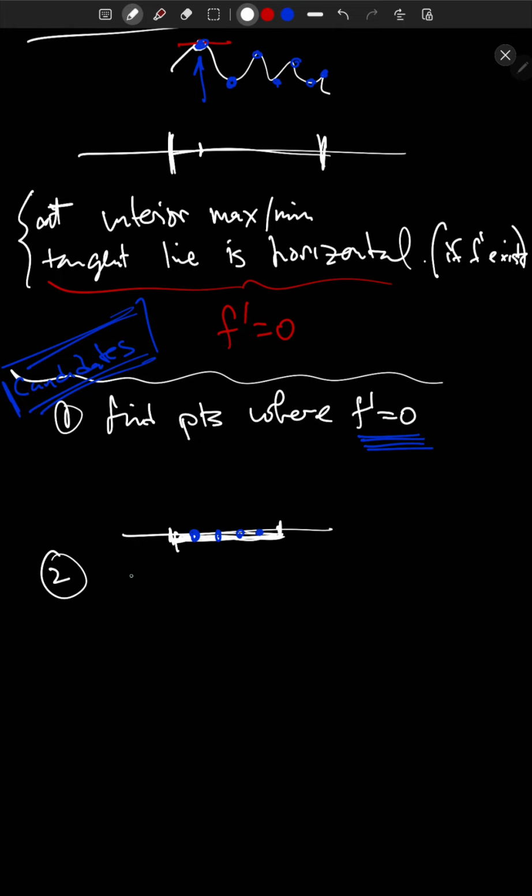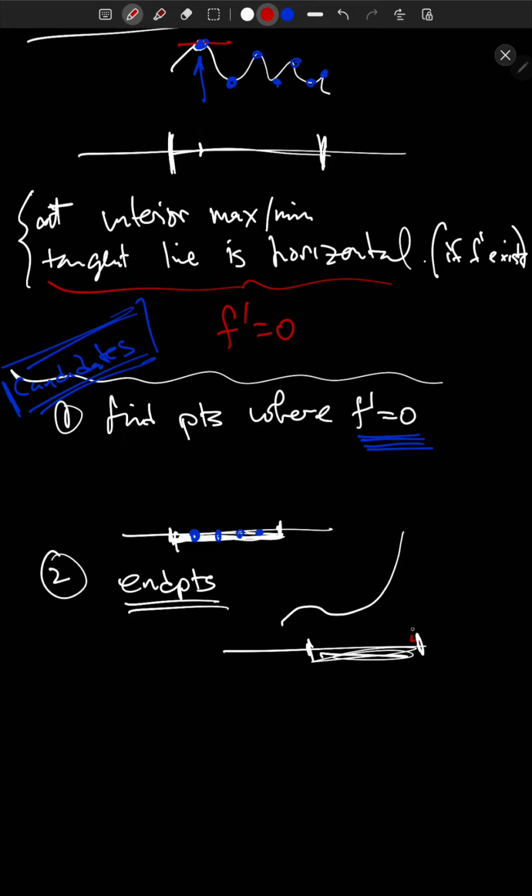Number 2 is going to be endpoints, right? And the reason for that is because at the endpoint, if you have a maximum or minimum at an endpoint, absolute max or min, it does not have to satisfy f prime equals 0, because your function could look like this, right? Here's the region of interest, and the absolute maximum is right there, and it's not where f prime is 0.